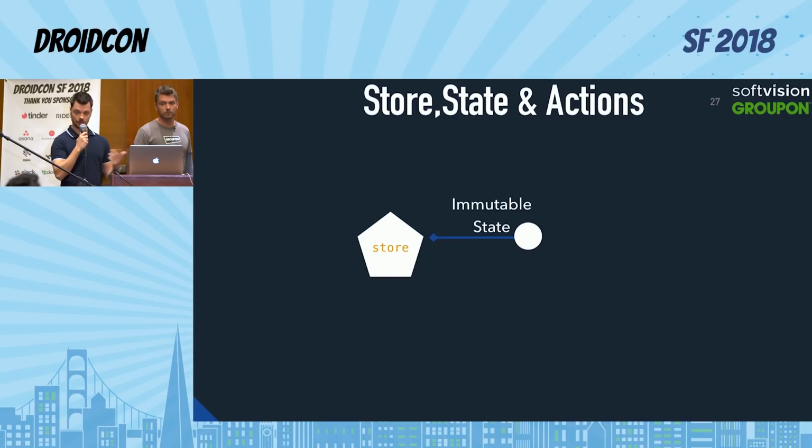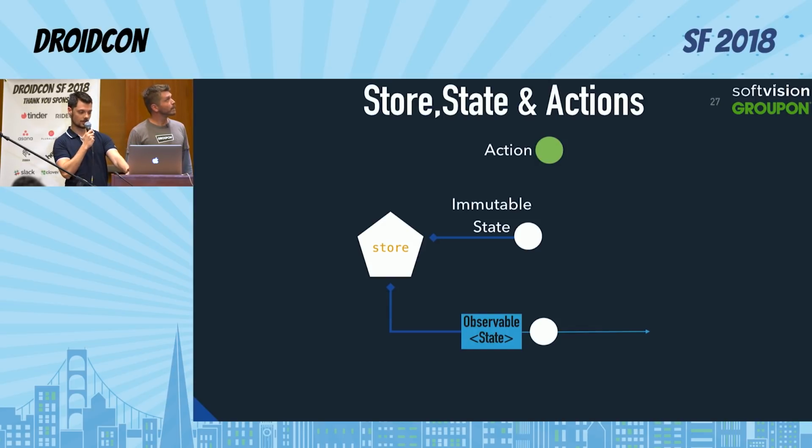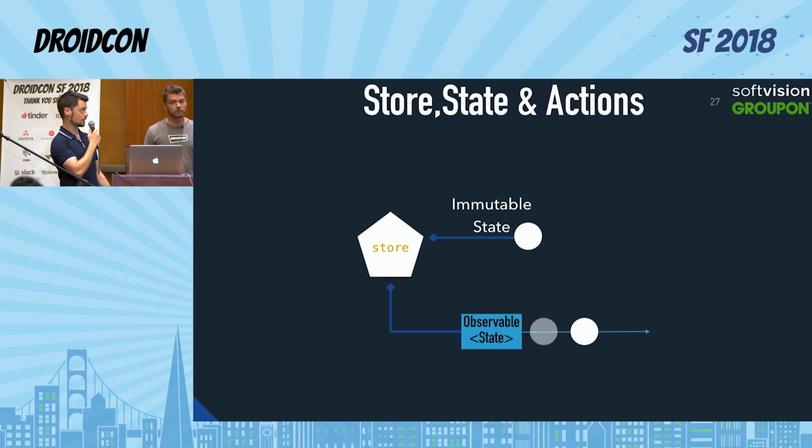Here you can use auto value, or if you're using Kotlin, they are built in. Another thing that the store has is a reference to an observable of states. So using this reference, you can observe for state changes. Actions are received by the store using its dispatch method. And when an action is performed, it will use the old state to create a new state, replace it in the store, and then you will be notified of the new state.